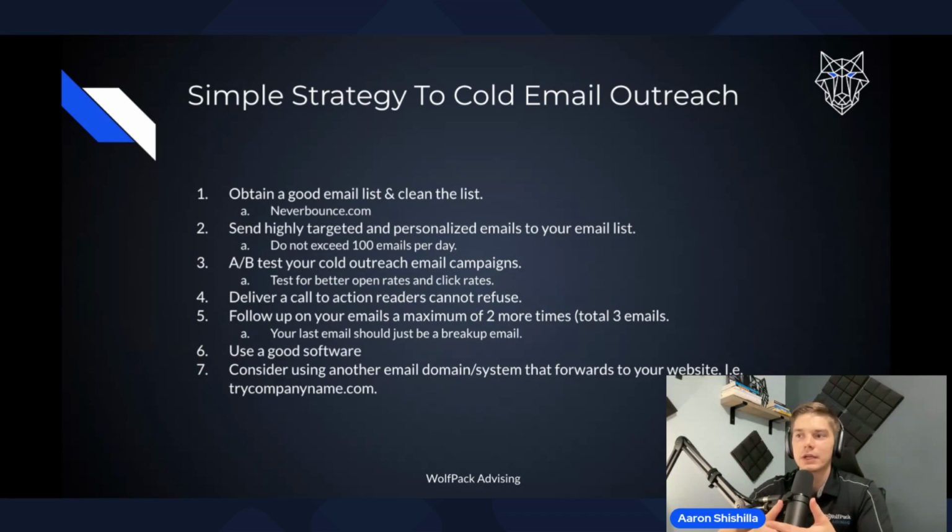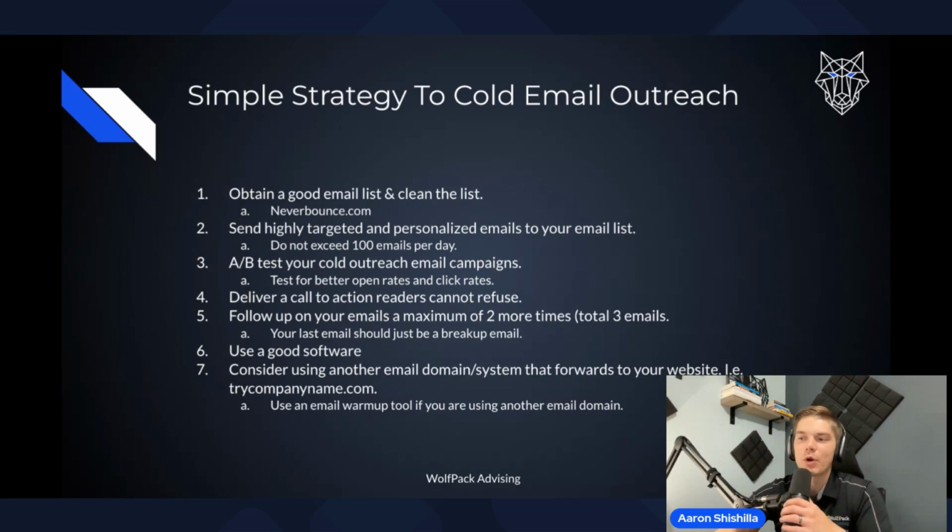Again, if you exceed the 100 emails per day, like I talked about, or a bunch of people mark you as spam, or a bunch of the emails from your email list are bad and they all bounce, it can hurt your email deliverability and your reputation. So if you have another domain, you can instead damage that one if you make a mistake and keep your actual one in good reputation.